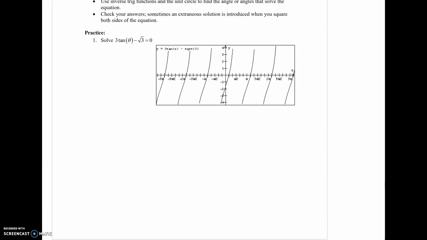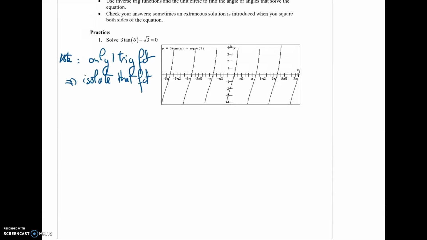First of all, you will note that there is only one trig function. So we are going to isolate that function. How?